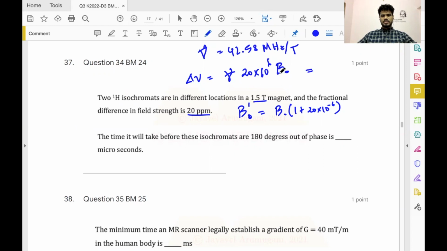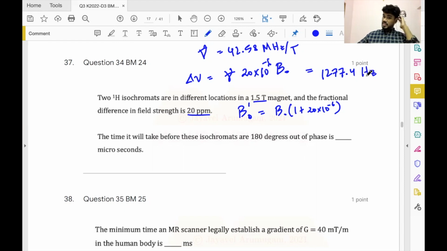If you plug in this B naught and this value, you should get this in hertz, or megahertz. So roughly, what do we get here? PPM, 10 power minus 6. 1277.4. Thanks. So change in precessional frequencies is this much.